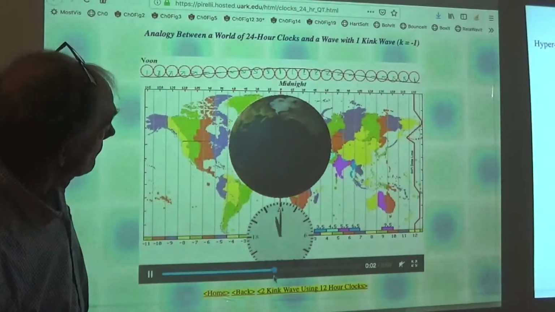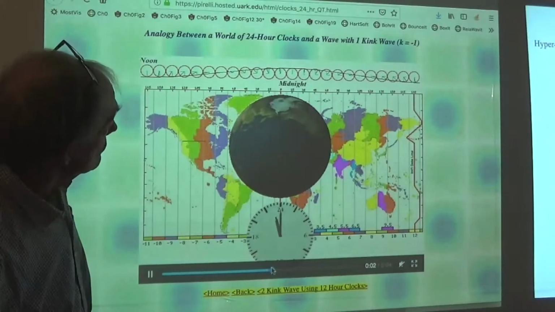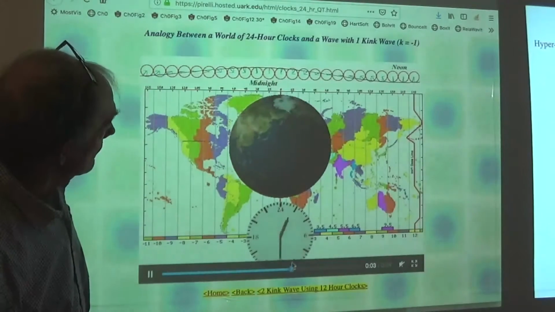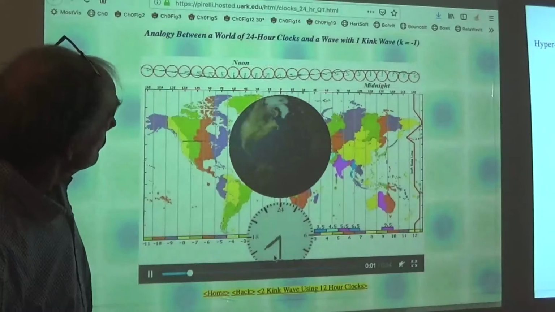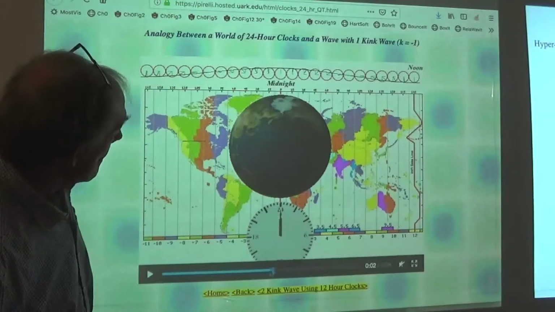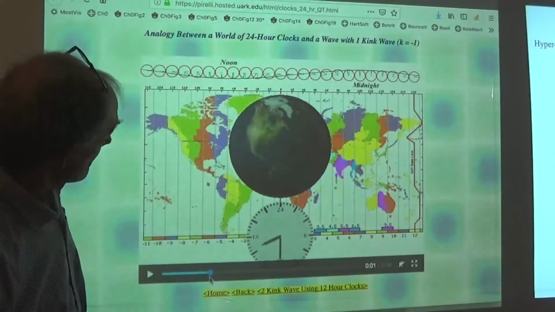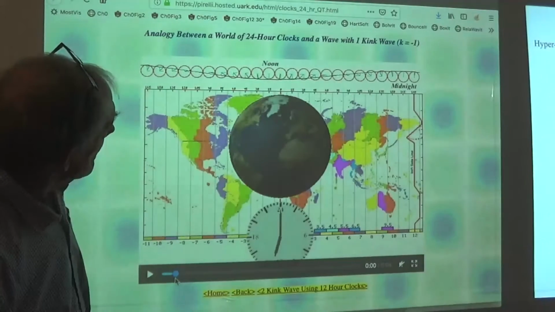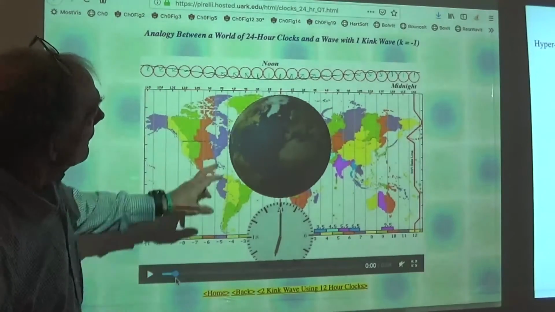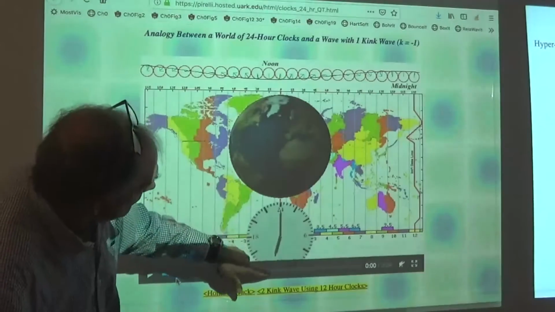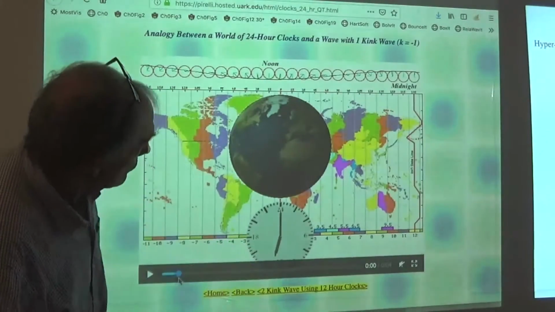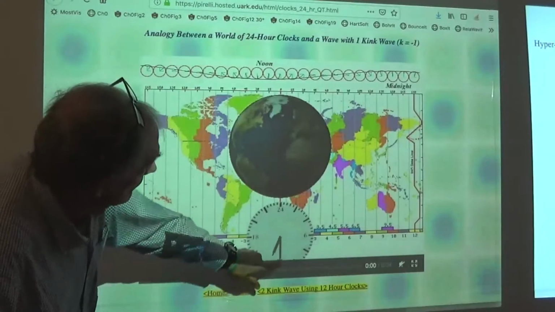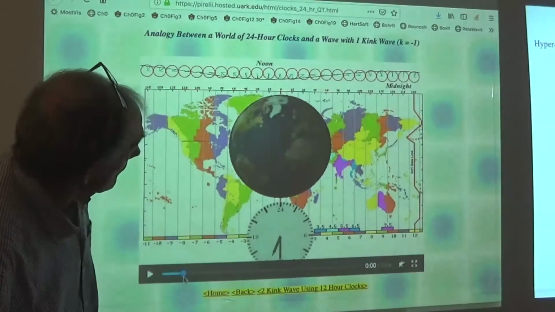And then a little bit later, we get to noon. See if I can let this thing run until the noon shows up here. That was about there, right? Oh, come on. There we go. We're just about at noon, okay? And the wave is reading 12 is what we're very close to there.